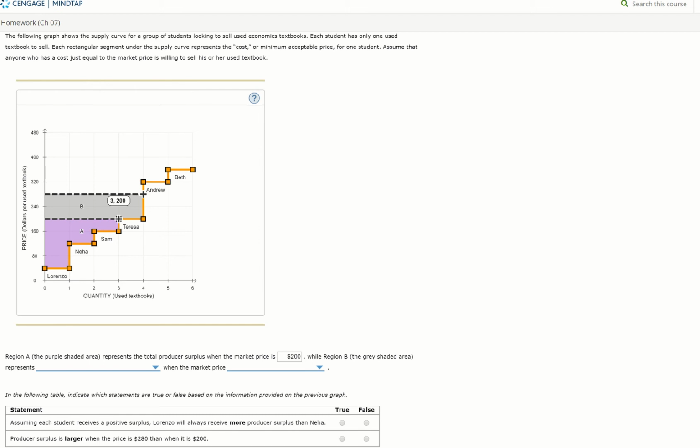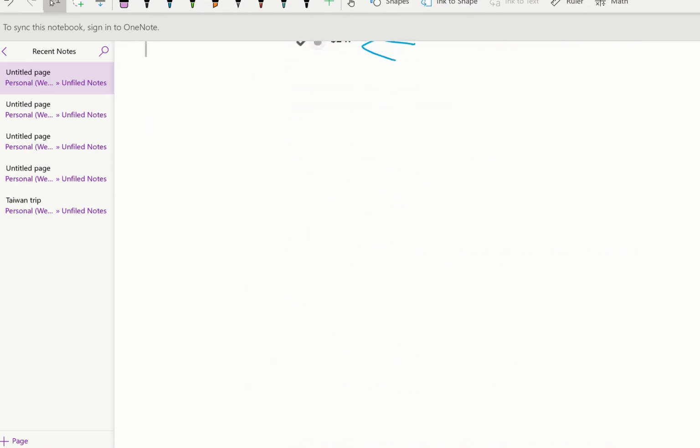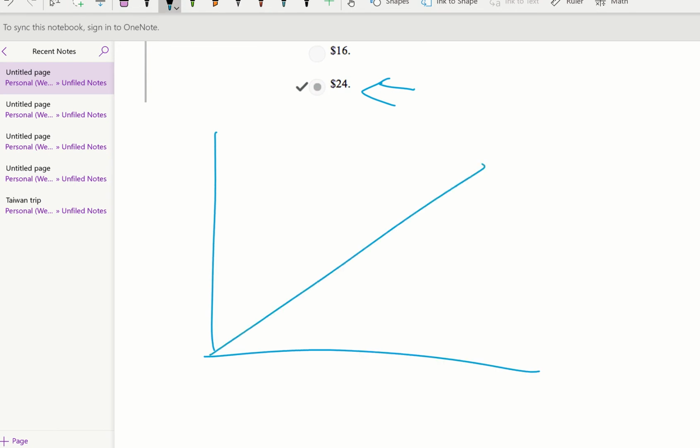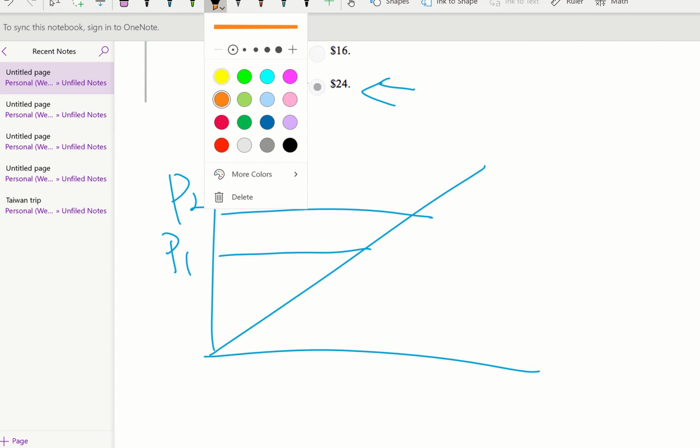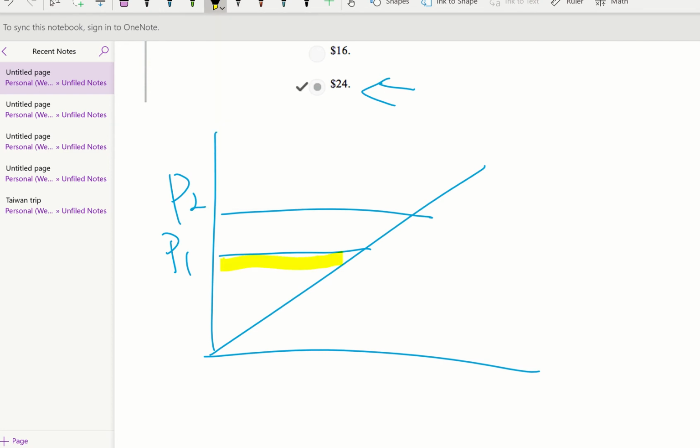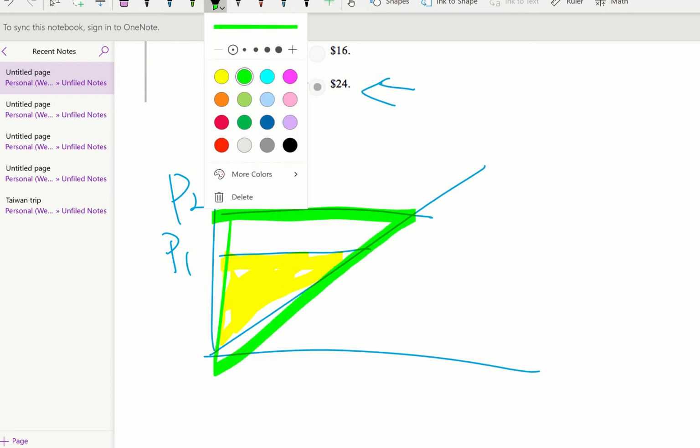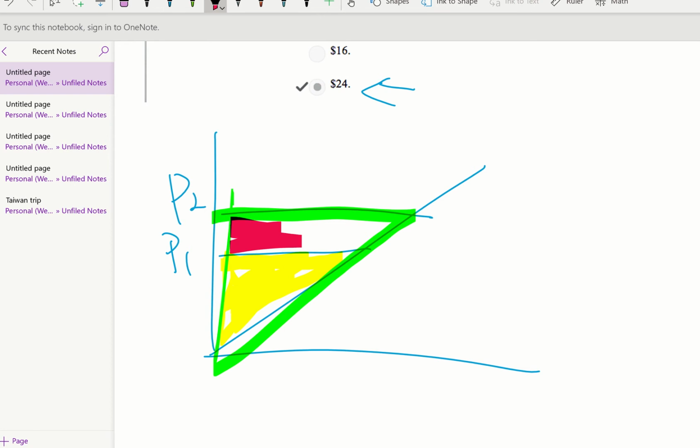If you go over your notes from chapter 7, you will know that if you draw your producer surplus, let's call this one P1 and this one P2, your producer surplus at P1 will be this yellow area, and your producer surplus at P2 will be the big triangle here.